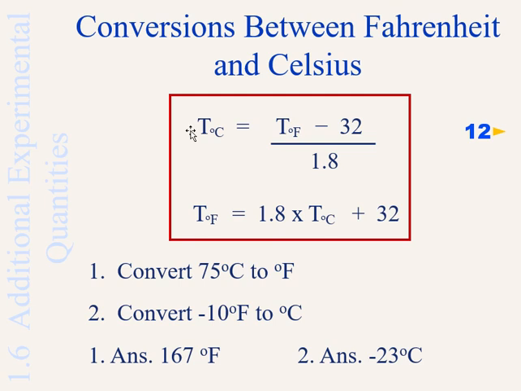All you have to do is rearrange this equation and multiply the degree Celsius by 1.8, and then add 32. So this is the relationship between degree Celsius and degree Fahrenheit. Here are two problems. Solve them in your calculator and see if you are able to get the same answers given here for the conversion of degree Celsius to Fahrenheit and degree Fahrenheit to Celsius.